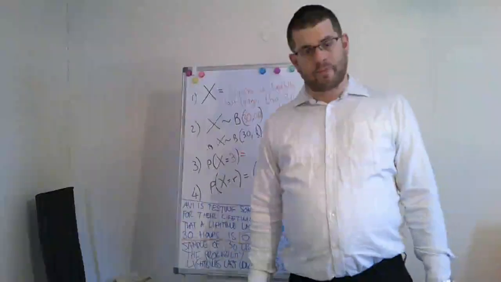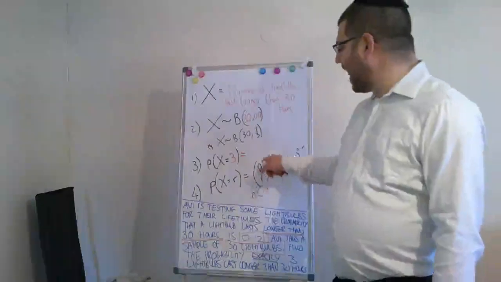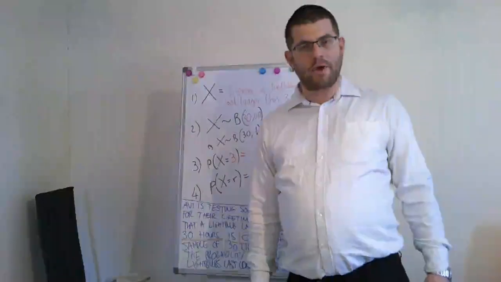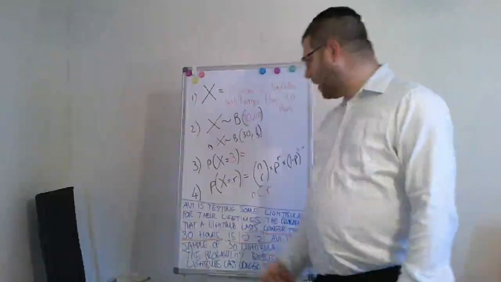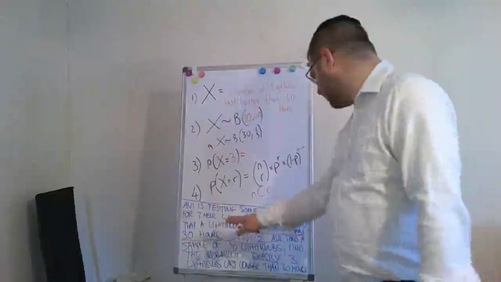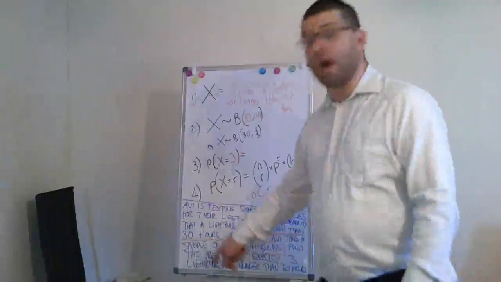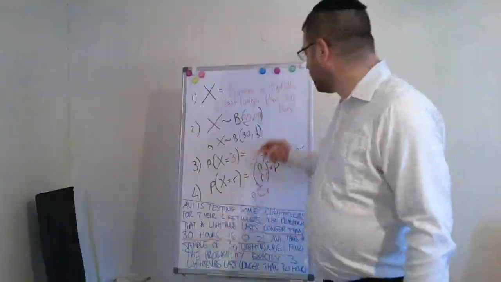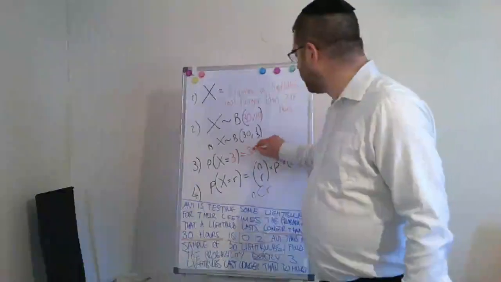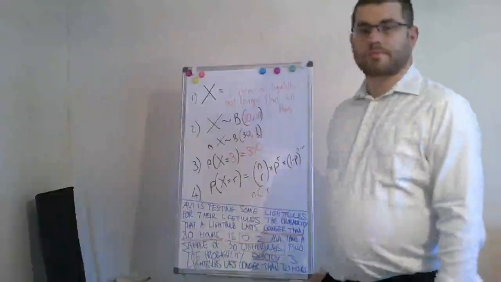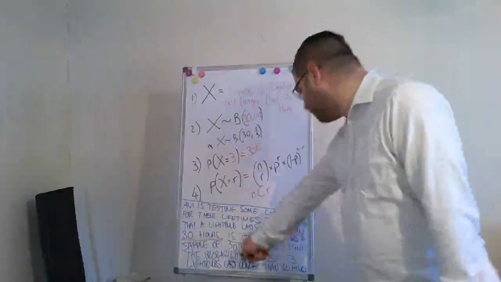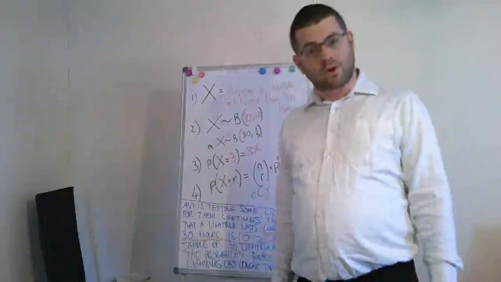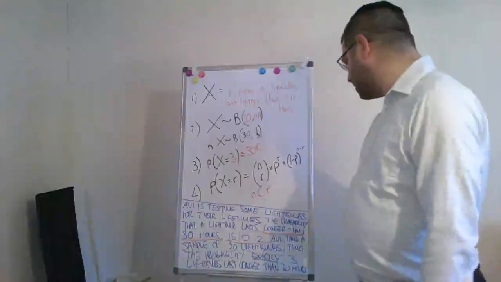So in this case, N is how many trials you have, R is how many successes you want. Well, I have both of those things. I know there are 30 trials, it's 30 light bulbs, so that's 30 C, and I'm looking for 3 successes. I'm only looking to have 3 light bulbs that satisfy that criteria, which is lasting longer than 30 hours.